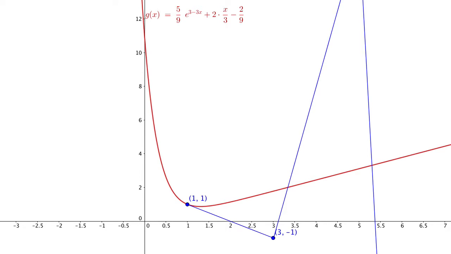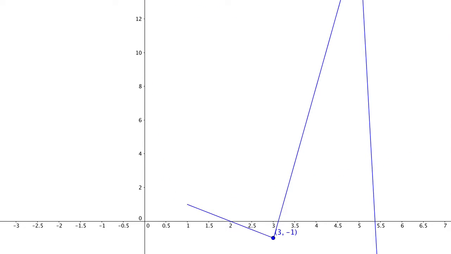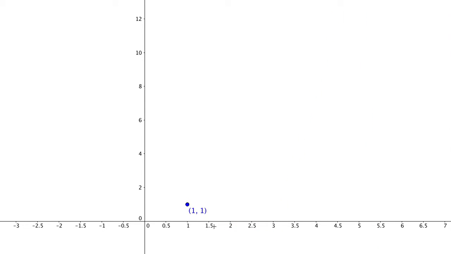Graphically, I'm going to clear this stuff out. I'm starting at 1, 1. I take a step size of 1/2 with slope 0 to the left, and I end up at 1/2, 1.